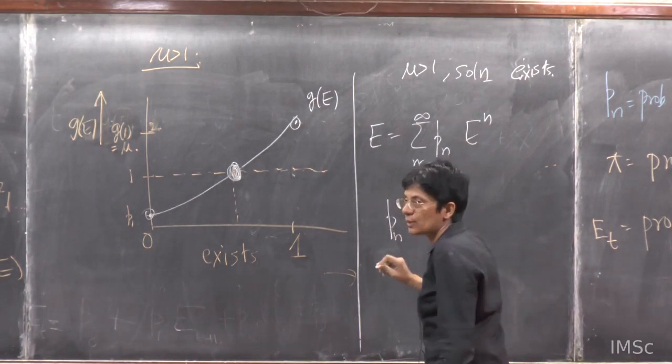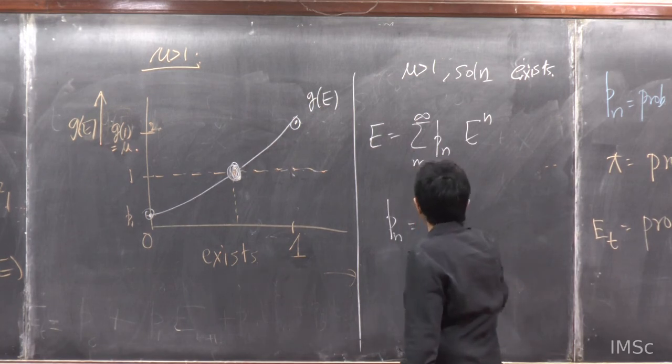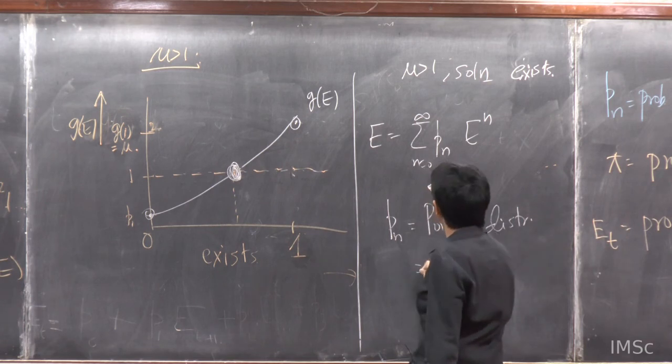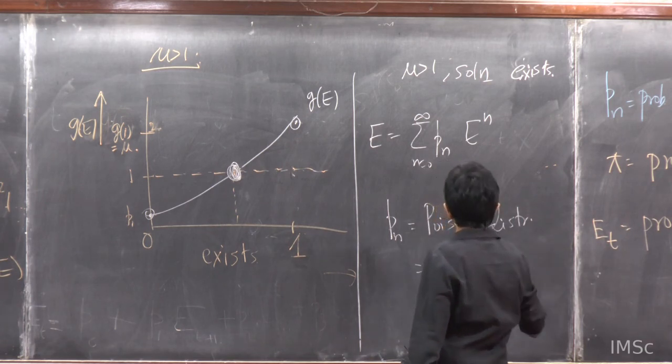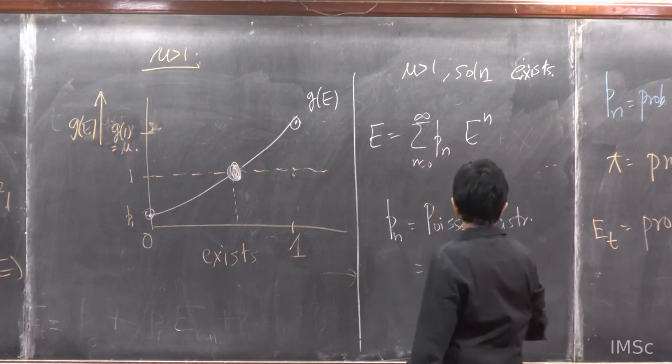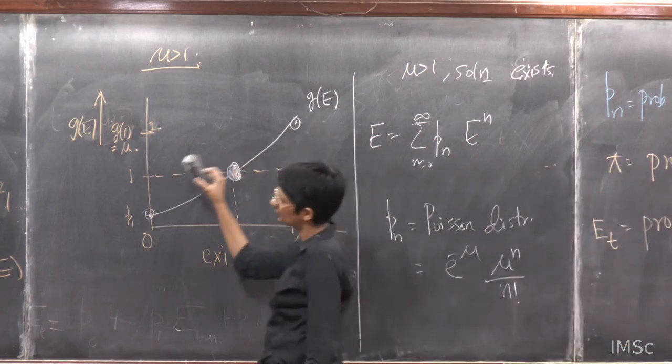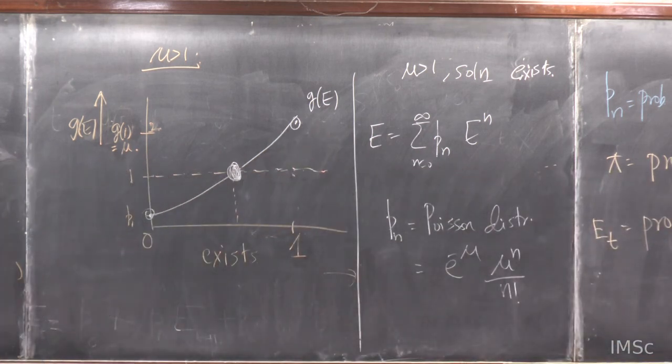So Pn, I'm assuming, is a Poisson distribution with mean mu. Okay, and I just plug it in. And what happens then?